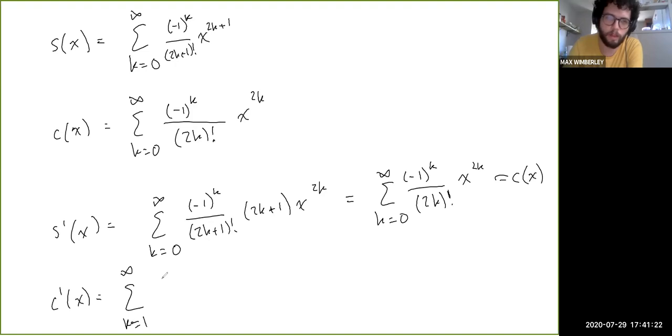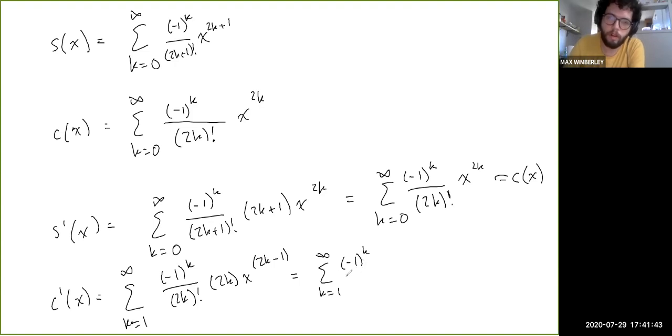So you'd have negative 1 to the k over 2k factorial, and then you have 2k times x to the 2k minus 1, which is the sum from k equals 1 to infinity of negative 1 to the k over, and then the 2k cancels here, so you have 2k minus 1 factorial times x to the 2k minus 1.